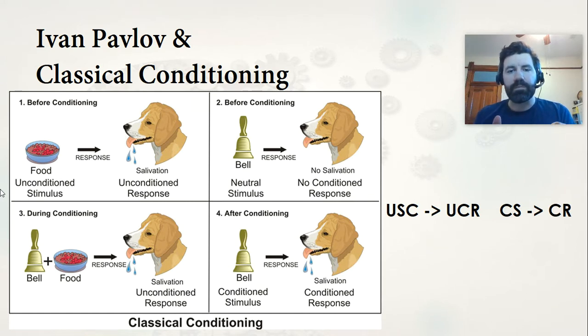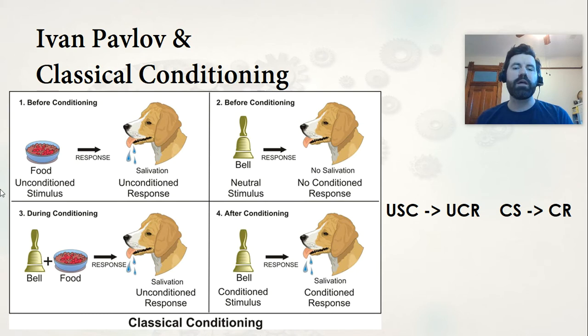Now, before conditioning, if you take something like a bell, for example, and you ring that bell in front of a dog's face, we wouldn't expect them to salivate because a bell is a neutral stimulus, right? So before conditioning, that second box, a bell is neutral. It doesn't have any natural response that is going to happen if you ring a bell. But during conditioning, that third box, what we do is we pair these stimuli together.